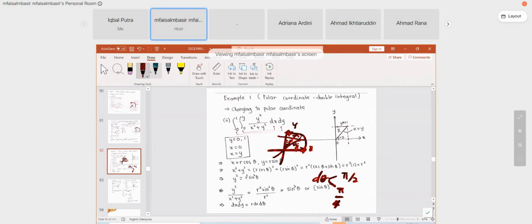You have y equals 1. This is r squared, this is r squared sin squared, dy dx is r dr d theta. But you have to know the radius here for r. So to find the radius, you can use y equals 1. What is y? r sin theta.